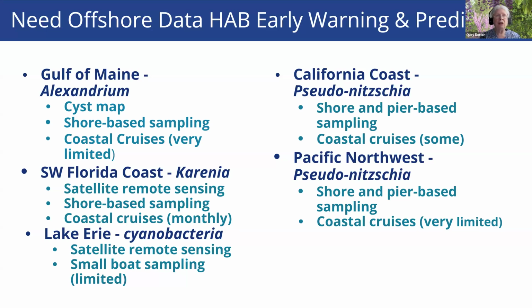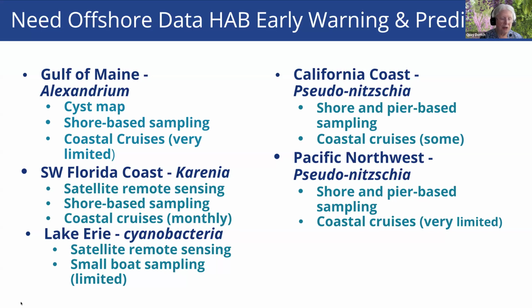As you can see from the descriptions of these systems here, I've put in the kinds of sampling that are currently being done. Coastal cruises are listed for all of these, but they provide very limited data, for the obvious reason that most of you are familiar with: the difficulty of getting the offshore data either by coastal cruises or in some cases satellite remote sensing.